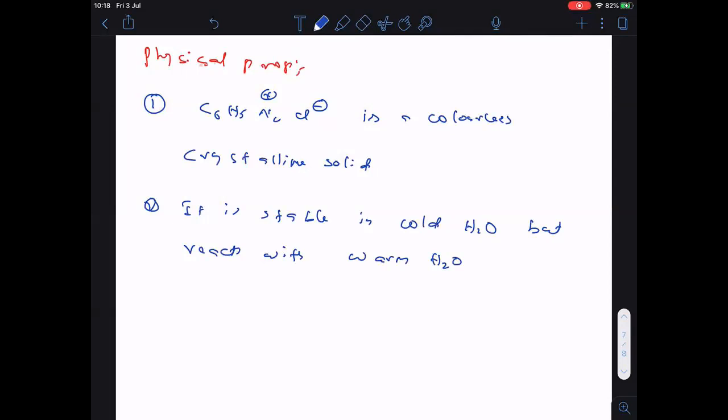But it reacts with warm water. Remember. Write quickly. These are the two physical properties.